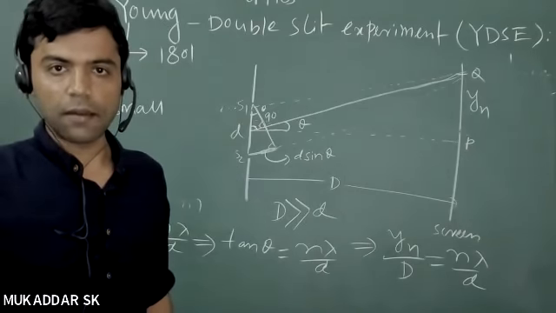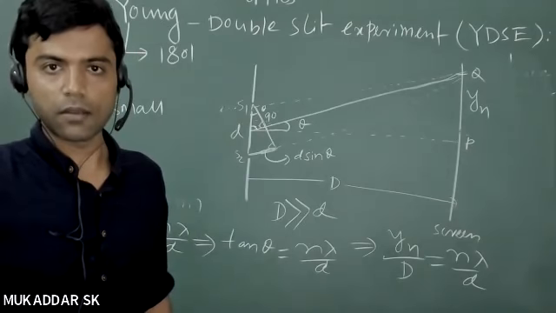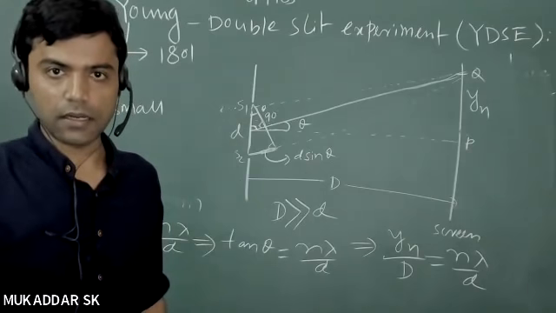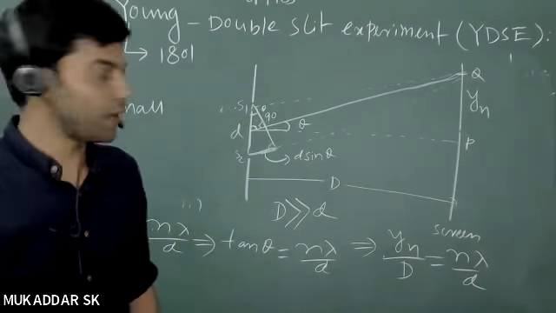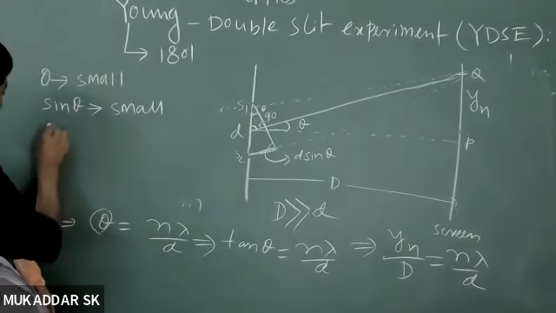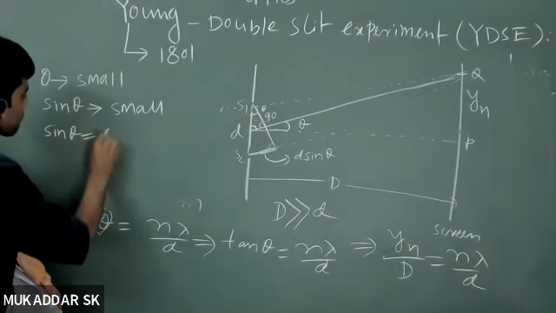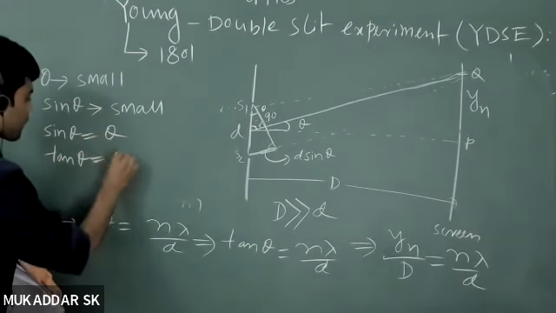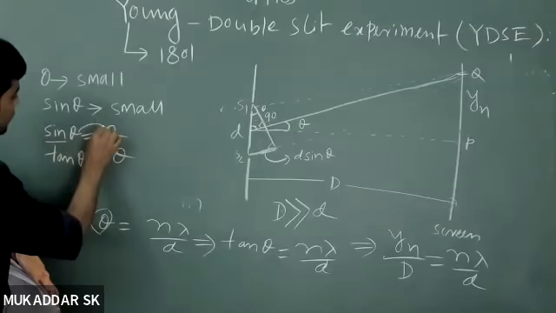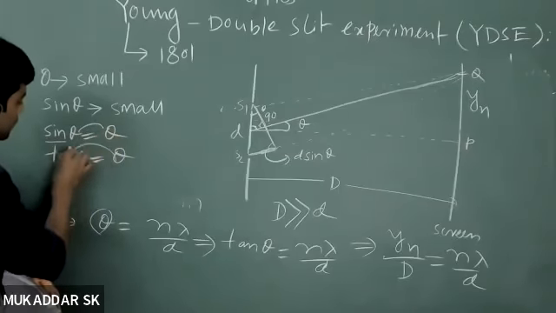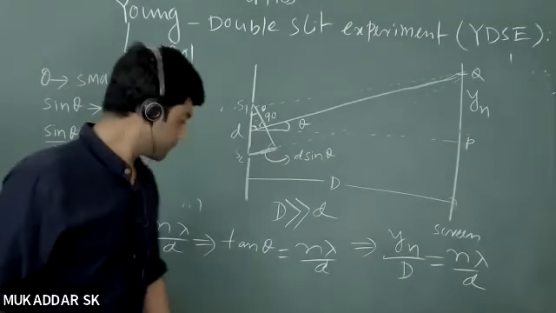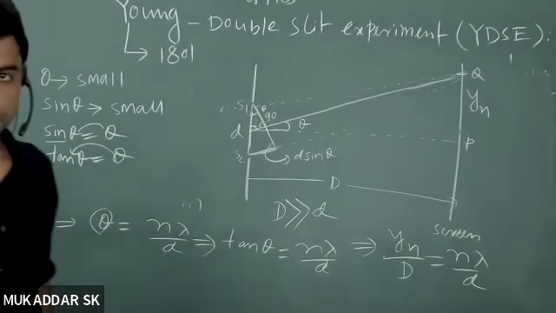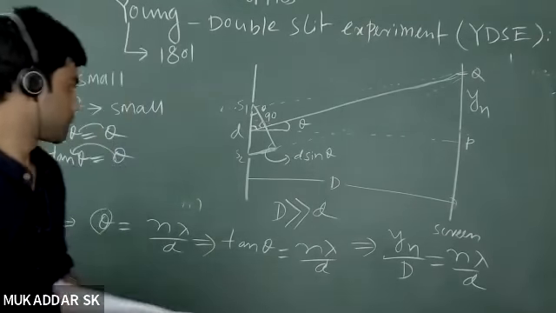Why did you get sin theta as 10 to the power minus 7? Because theta is quite small. And when theta is small, you can write sin theta equals theta, and also tan theta equals theta. So I first wrote theta for sin theta, then tan theta for theta. Sir, are you measuring theta in degrees? Yes, theta should be in degrees.